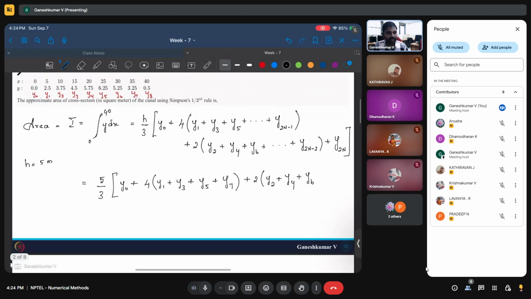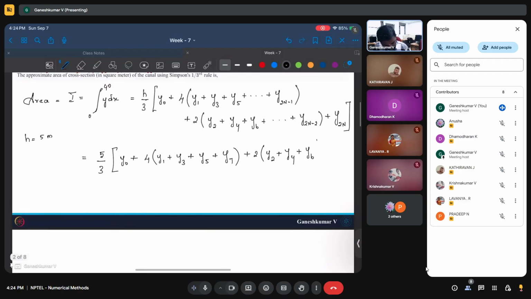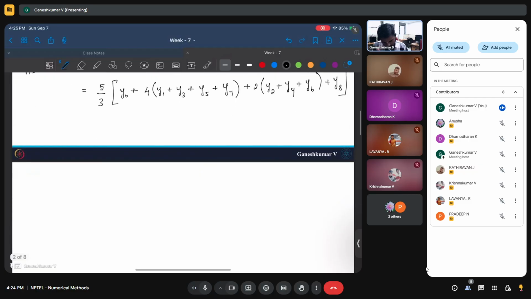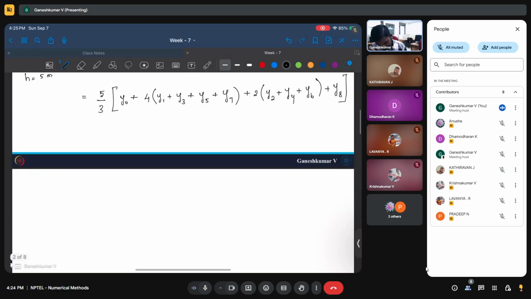We should not write y8 because that's the last data point, so it has to come outside. So the first and last data points cannot be within these 4 or 2 functional forms. All right, this is your Simpson 1 by 3 rule for this problem.